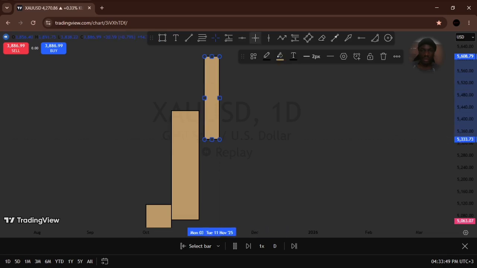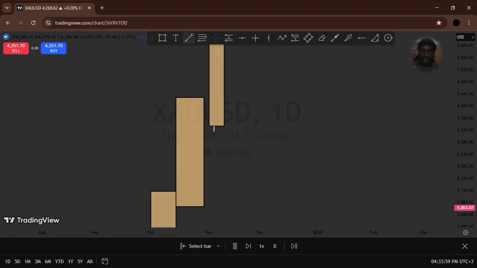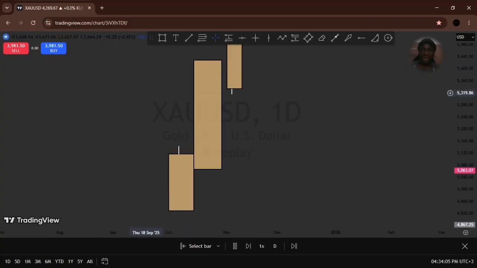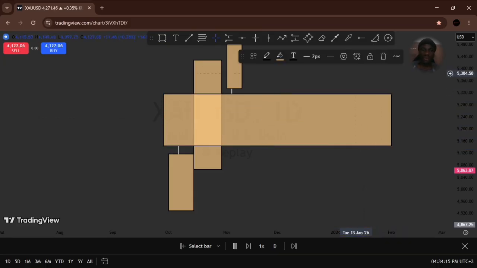All right, so the market is moving. Let's do a summary. So in summary, this is a bullish fair value gap.